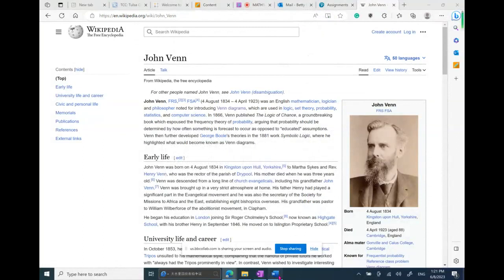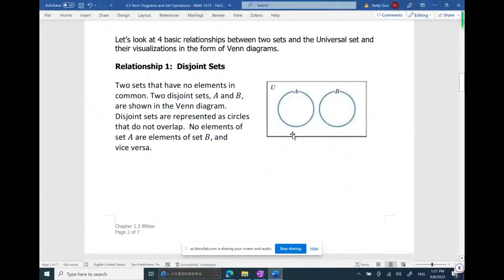Okay, let's go back to our note. Whenever you see a rectangular box, that is our universal set. The universal set contains all the elements, all the members being considered.